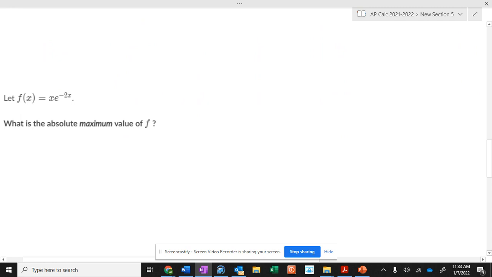All right, the absolute maximum of this. If I was you guys, I'd be graphing this one, but I don't know if this would be on the section where you can't use the graphing calculator. So to do it without a graphing calculator, you have to take the derivative.